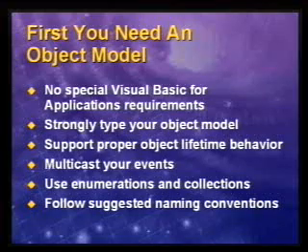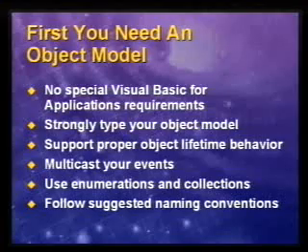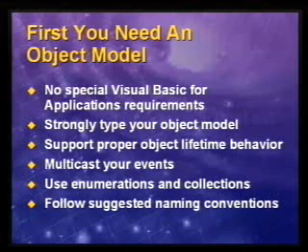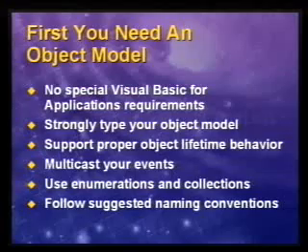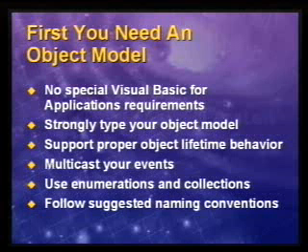There's no special requirements. Some of these points are just about what you should think about when you do write your object model. You should strongly type your object model so that when the BASIC user is using it, you can actually have statement completion, and you can use strong types. You should support proper object lifetime. What this means is that when you expose a part of your application through an object model, you're going to be handing out a pointer to some object inside your app.